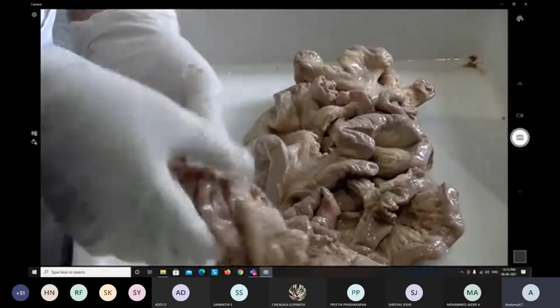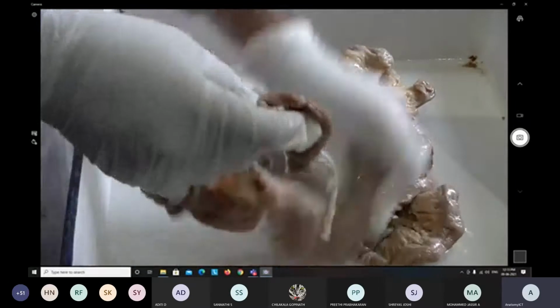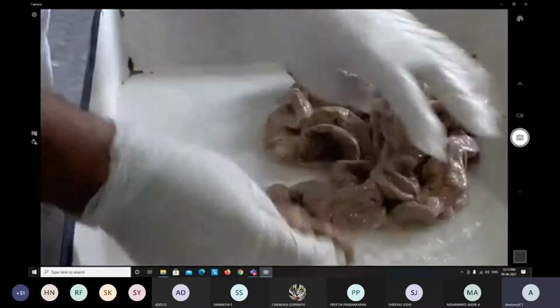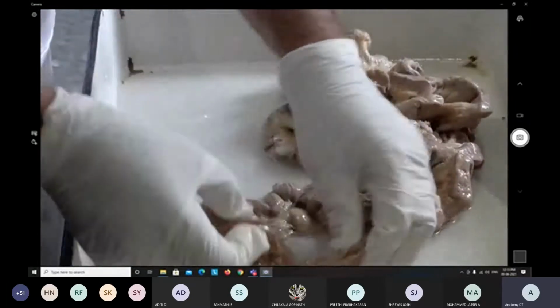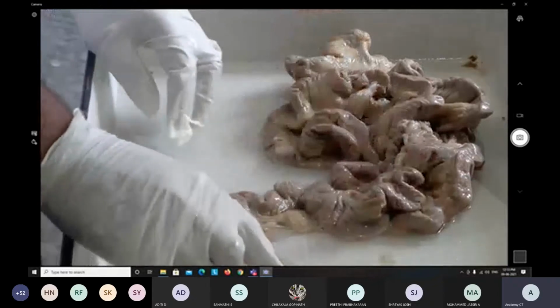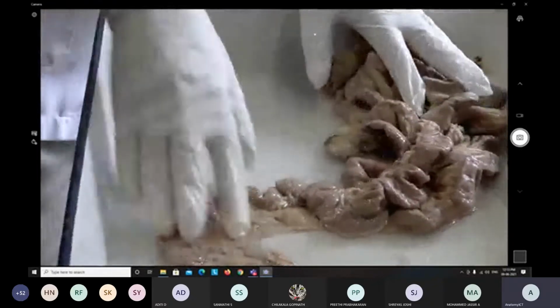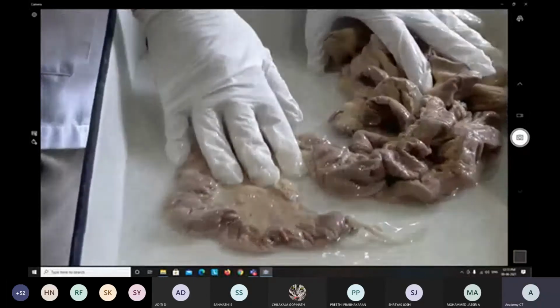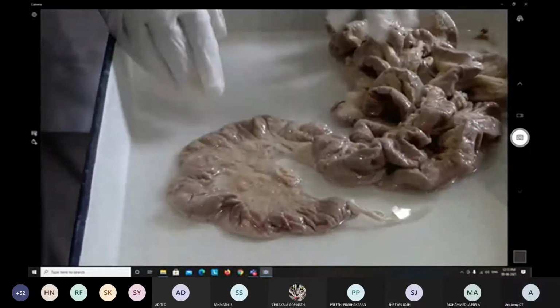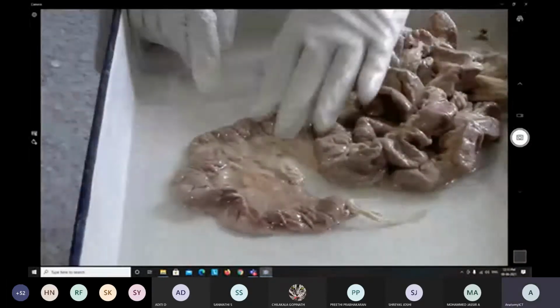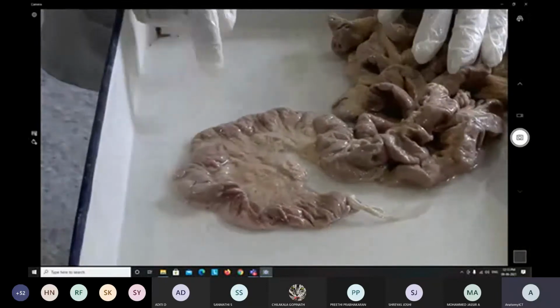Now the stomach, whatever content leaves from the stomach, it enters inside the duodenum. So this shape of the duodenum, you may appreciate over here how it is.